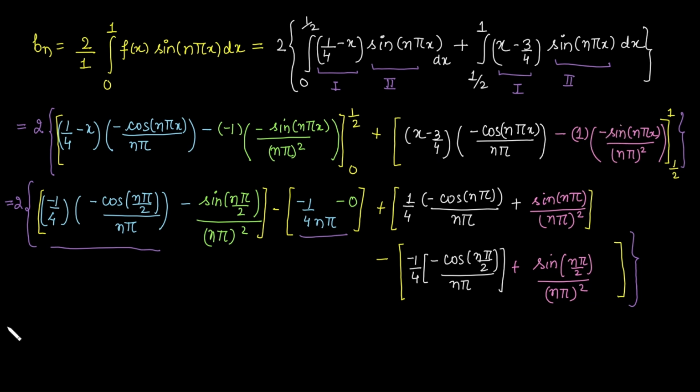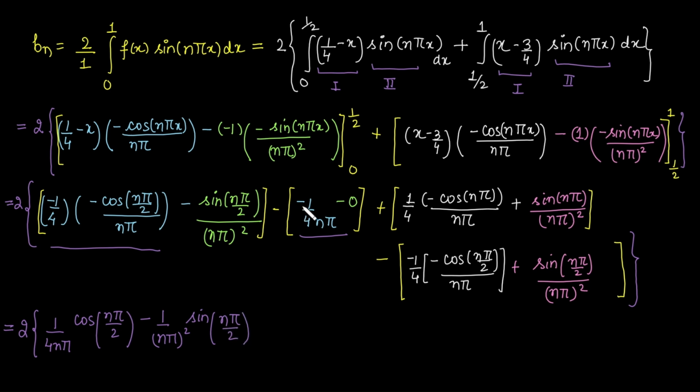Now simplify this. This is equal to twice of negative is a positive, 1 by 4, n pi is a constant term, cos of n pi by 2 minus, we have 1 by n pi square into sine of n pi by 2.